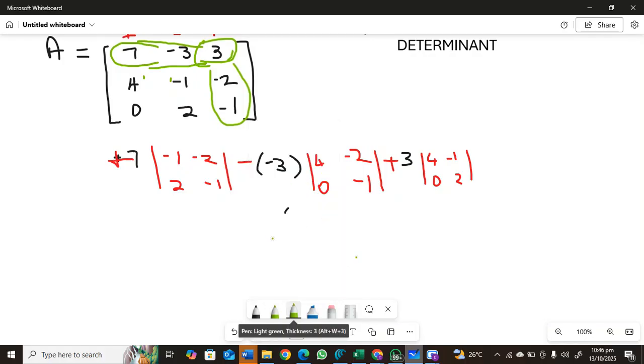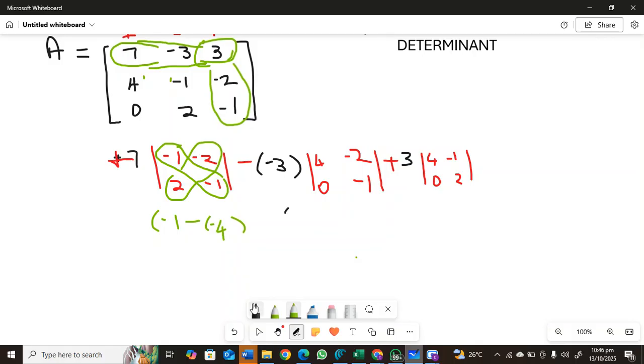Here you're going to say 1 times negative 1, that is negative 1, minus 2 times negative 2, that is negative 4. All of this, and we have the plus 7 outside here.